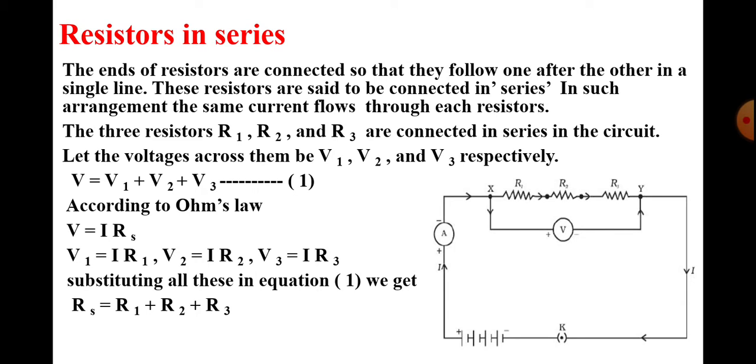According to Ohm's law, V is equal to I Rs. Here s is for resistors in series. Therefore V1 is equal to IR1, V2 is equal to IR2, V3 is equal to IR3. Substituting all these in equation 1, we get Rs, resistors in series, is equal to R1 plus R2 plus R3.